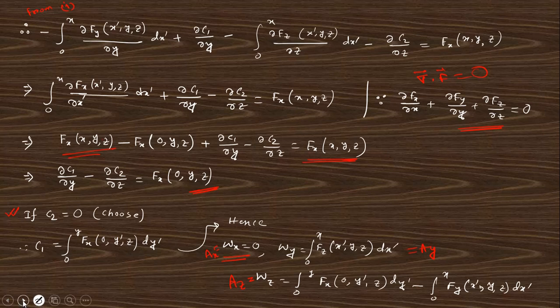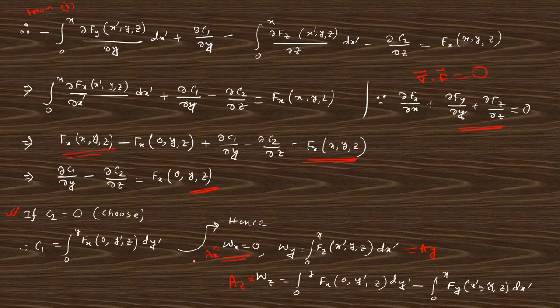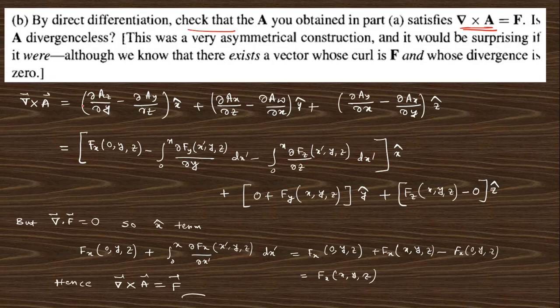Now the next question says: by direct differentiation, check that the A obtained satisfies curl of A equals F. So curl of A, you know this expression very well. Now use Ax equal to 0, Ay equal to this, and Az equal to like that. Put in Ax equal to 0.